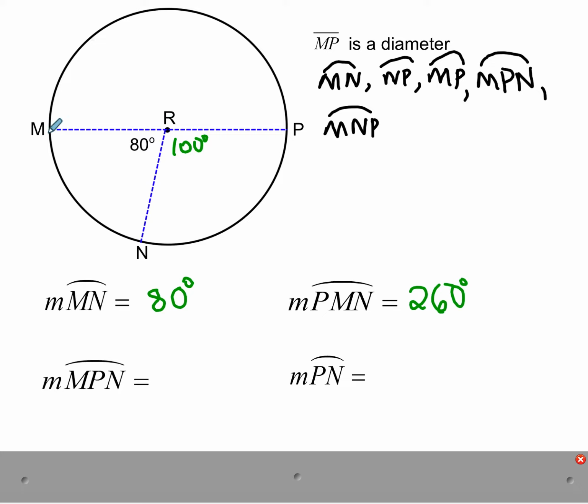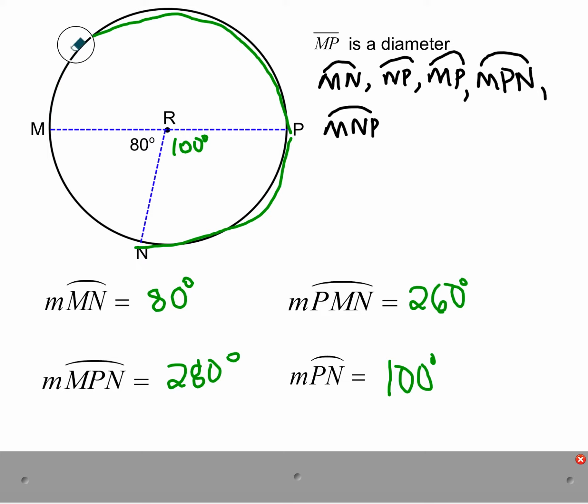So let's talk about this again. MP is 180, PN is 100, so 180 plus 100 equals 280. And then we already talked about right here what the measure of arc PN is. Arc PN is 100 degrees. Okay, so that's how we use the central angle to determine the measure of each arc.